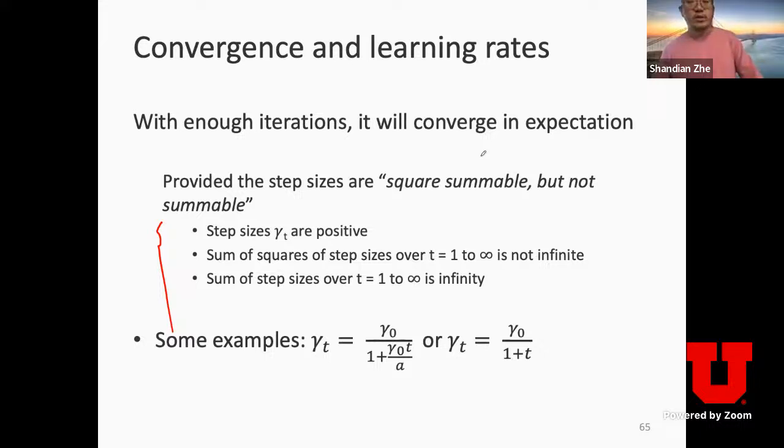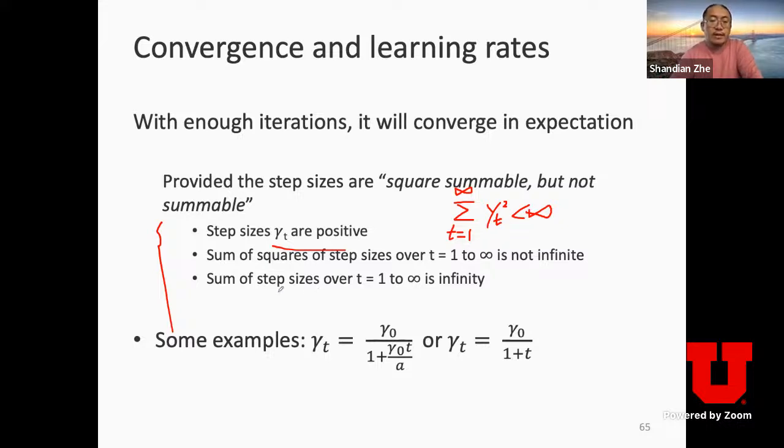So what are the three conditions we must satisfy? First, the step size gamma t must be positive. Second, the sum of squares of those gamma t's over t from 1 to infinity is finite. If you write it out explicitly, the sum from 1 to infinity of gamma t squared must be bounded. It cannot be infinite.